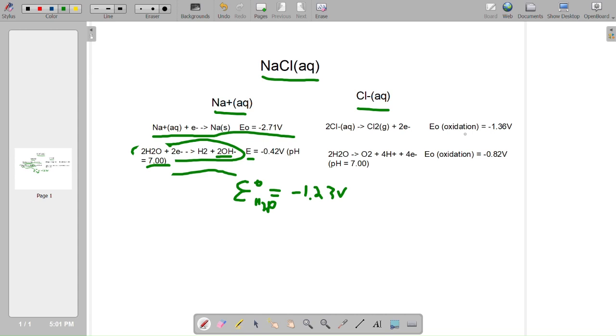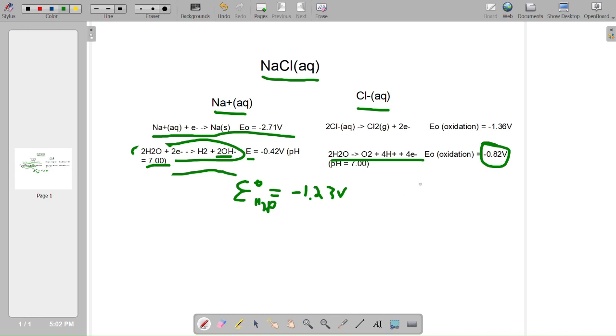So 2 Cl minus gives Cl2 gas and 2 electrons, and the oxidation potential for that is negative 1.36 volts. Again, you have to consider water here. The oxidation potential of that is negative 0.82 volts, again considering that the pH is 7.00. You might look at this and think that water is going to be oxidized because it has a higher oxidation potential than Cl minus. And that's where you'd be wrong.